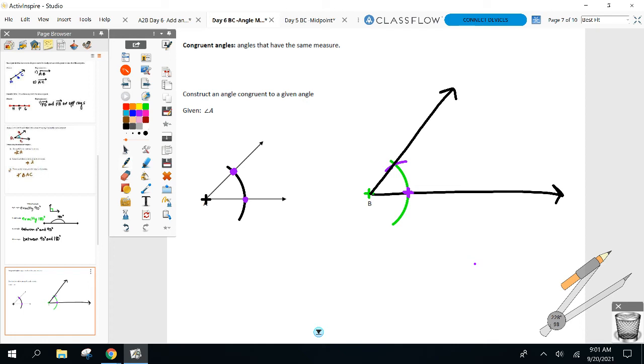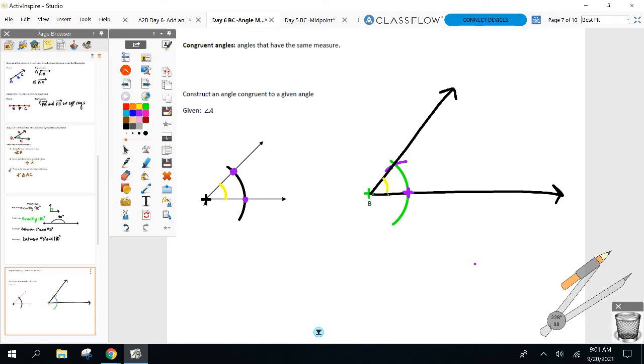How do I mark that on the diagram? How do we mark segments congruent? With hash marks. It's different for angles. If two angles are congruent, inside near the vertex, we put arc marks.